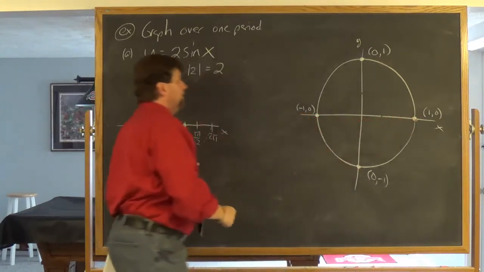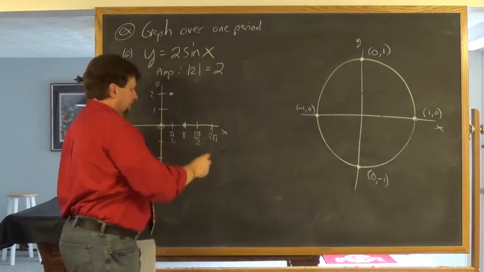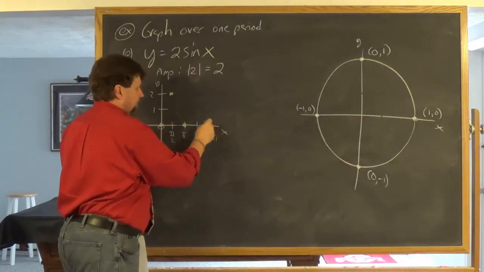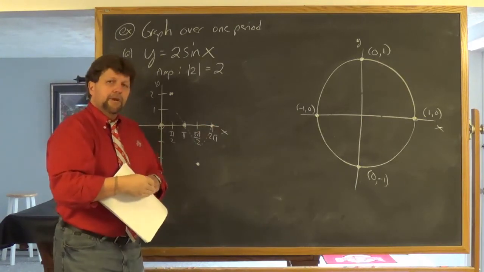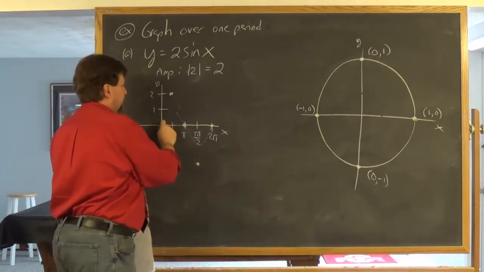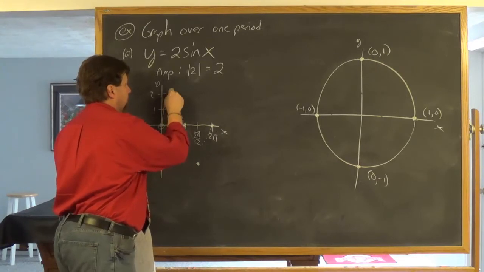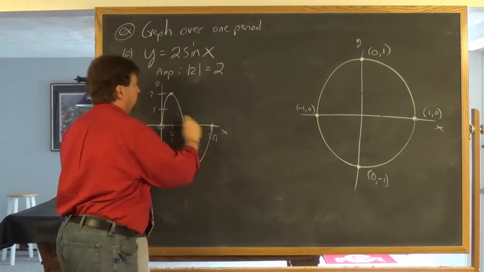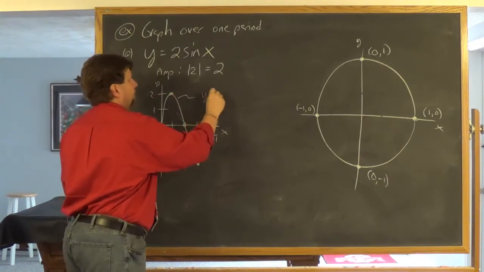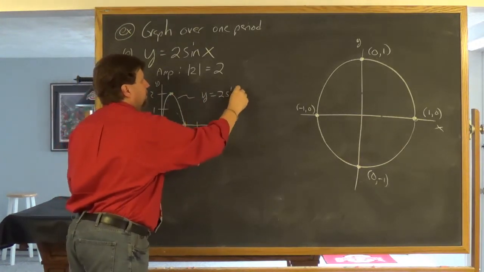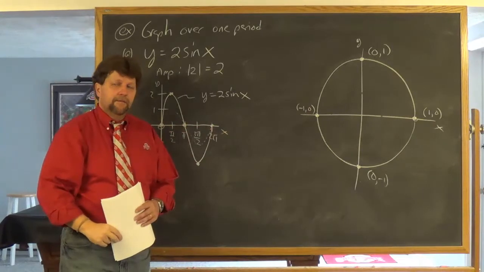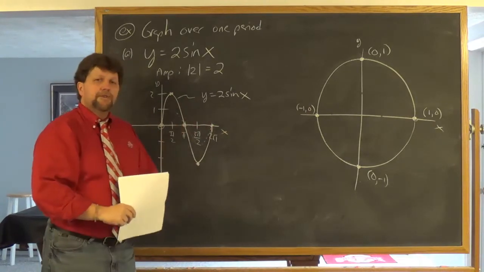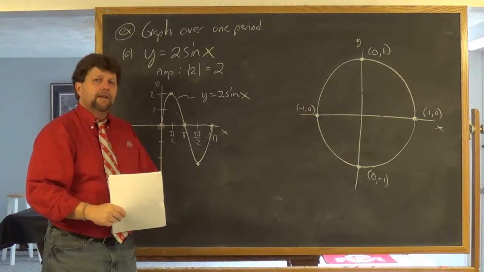Sine of 2 pi is 0. 2 times 0 is 0. You've plotted 5 points. Connect those 5 points with a smooth curve. And that would be your graph of 2 sine x over 1 period.